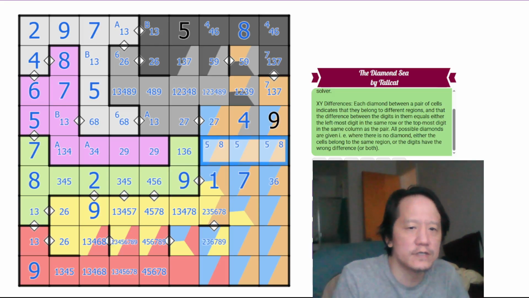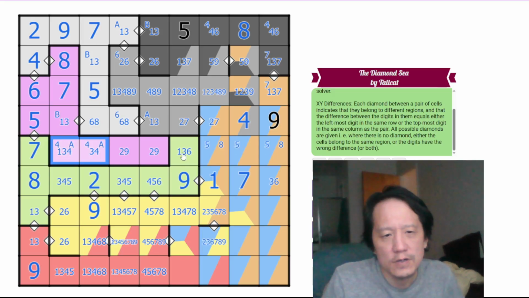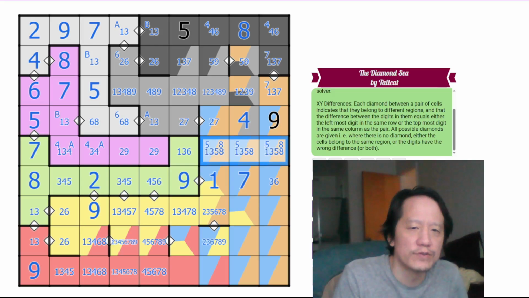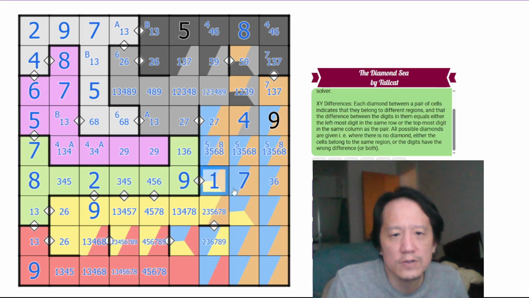Remaining digits here. One of these is a 4. Therefore, this is 5, 8 with 1 or 3 as possible. 1, 3, or 6, actually. This can't be 1, though, because of the 1 here. We don't know if these go across borders.